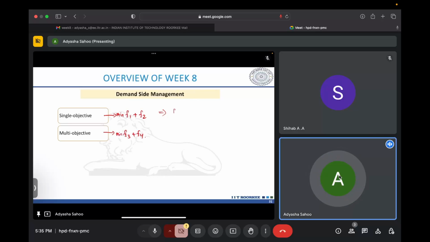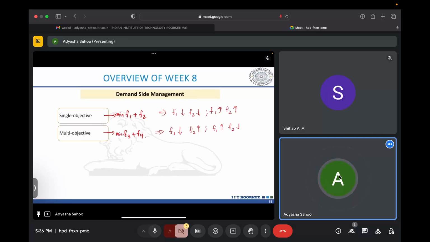When f1 decreases, then f2 also decreases, or if f1 increases, then f2 also increases. That means they are in coherence. That can be considered a single objective function. But if whenever f1 decreases, f2 will increase, or vice versa, if f1 increases, then f2 decreases, that means there is a trade-off.